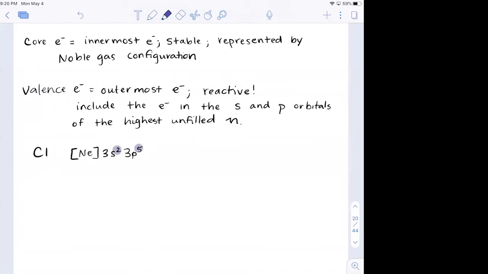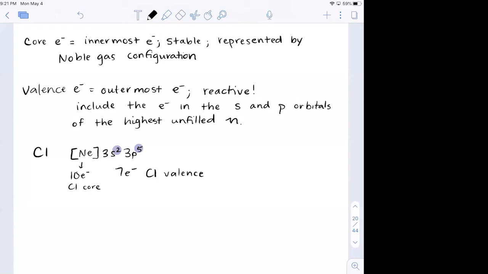Overall, 7 electrons in chlorine's valence, 10 electrons in chlorine's core. Whatever is represented by that noble gas configuration, the Ne, neon, is atomic number 10, so 10 electrons for that neutral element.